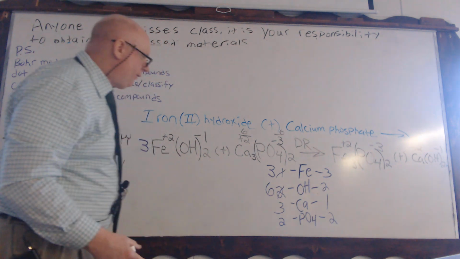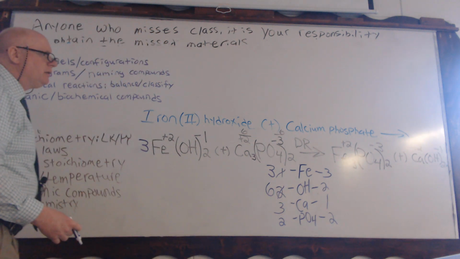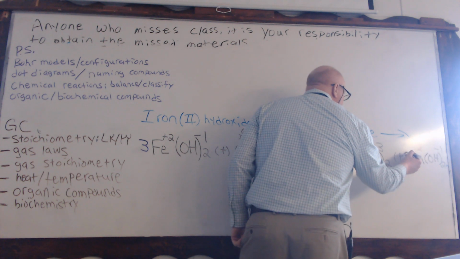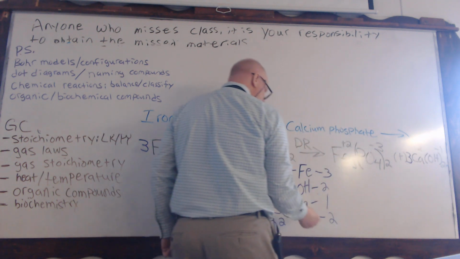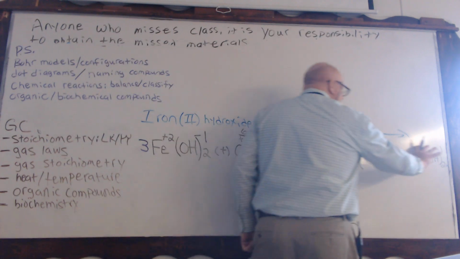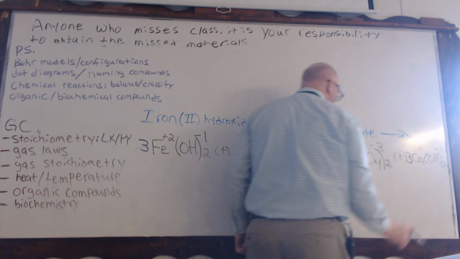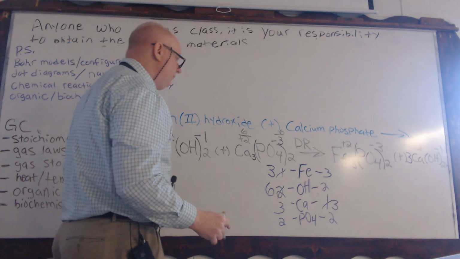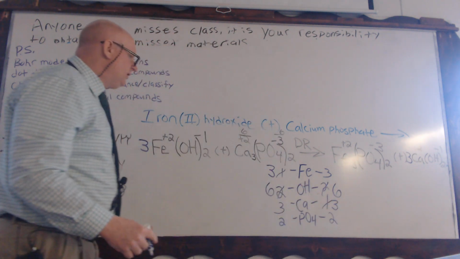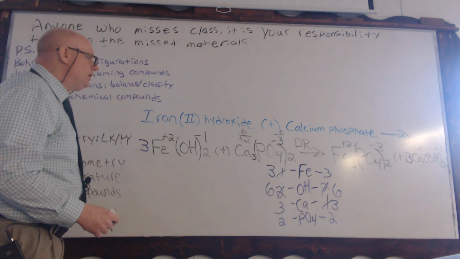So if we have 3 calciums on the left, multiply it by 3, changes this to a 3, distribute that through the entire compound. How many hydroxides does that give us then? That gives you 6. Now you have the same numbers on both sides of your equation.